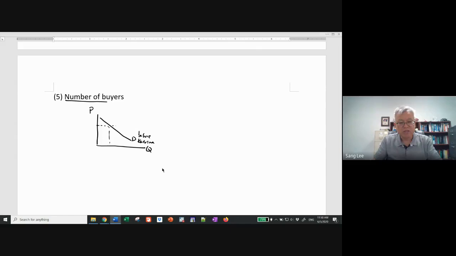After Hurricane Katrina, simply more people moved up north. As more people moved to the north shore, whatever it is, at any given price, more will be purchased than before. So demand curve increases, shifts to the right. Demand increases. So this is after Hurricane Katrina. Okay.